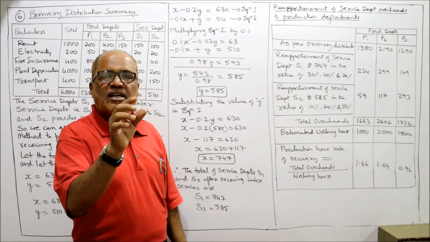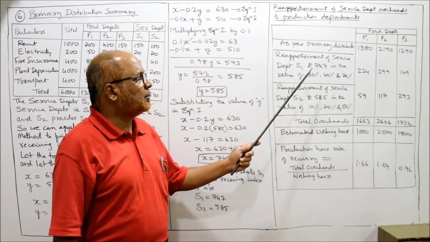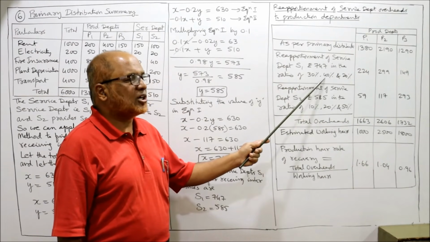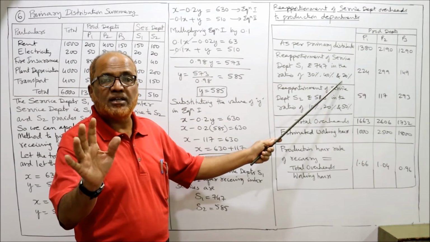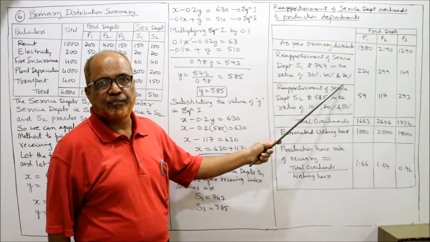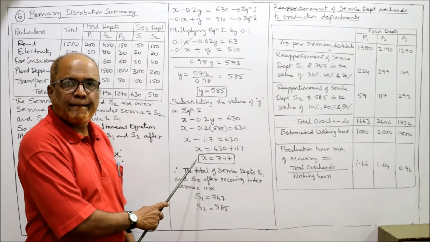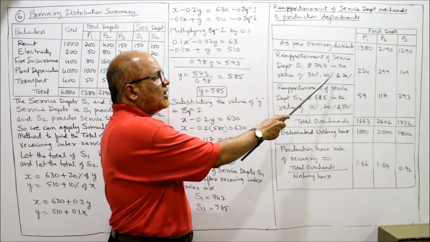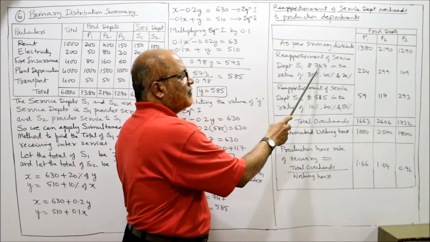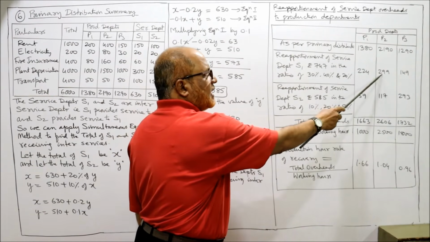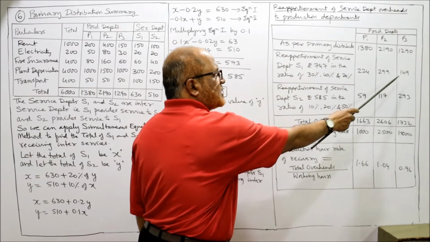S1 is giving service 30% to P1, 40% to P2 and 20% to P3. We are not taking how much it is giving to S2 because we have already taken it here. Now only 30, 40, 20%. So 747 into 30% is 224, 747 into 40% is 299, 747 into 20% is 149.